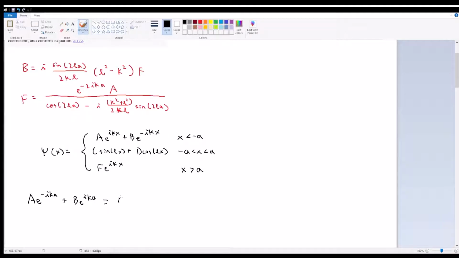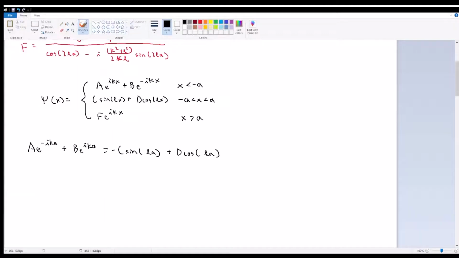This has to equal C times sine of negative la plus D times cosine of negative la. We can then take advantage of odd and even functions: cosine of negative la is even, so it's the same as cosine of positive la, while sine is odd, so sine of negative la is equivalent to negative sine of la.